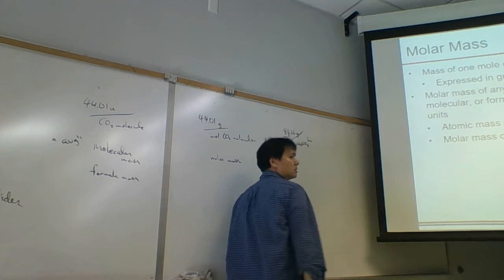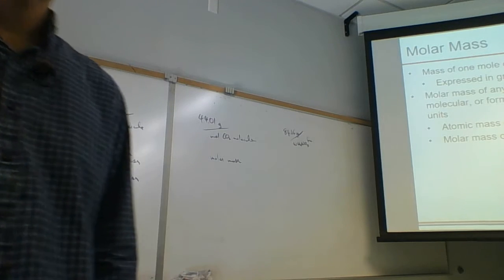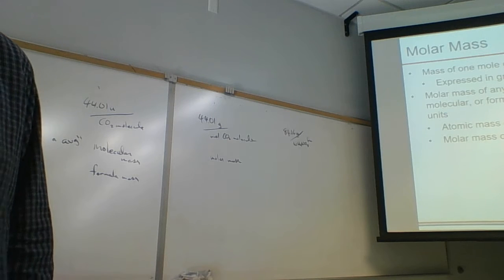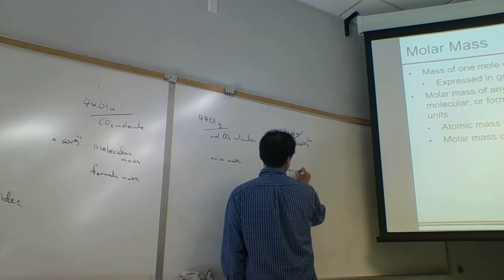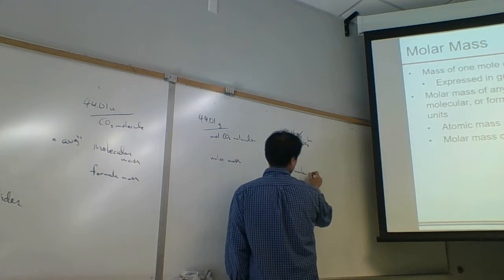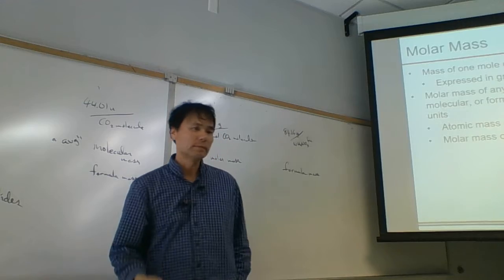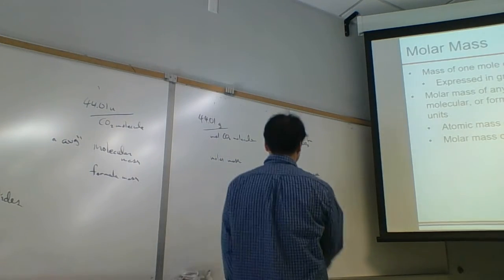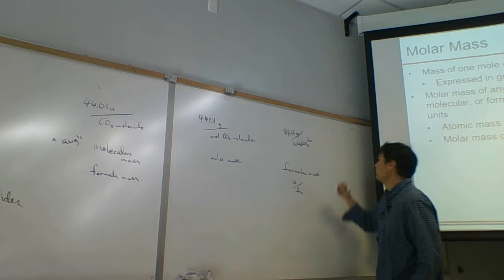We wouldn't call it the atomic mass because we're not dealing with single atoms. Therefore, what do you guess we're going to call this? Formula mass. This is the mass of an individual formula unit, and it's going to be U per formula unit.